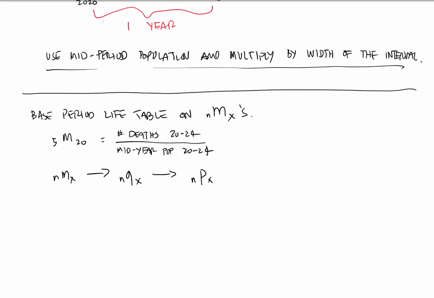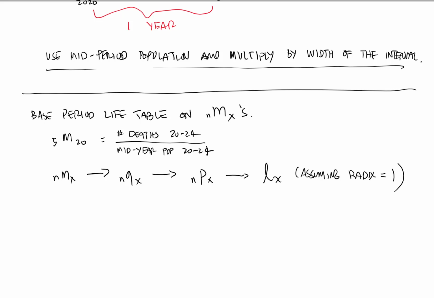And once we have the probabilities of surviving, we can use the nPx's to get the lx's, assuming a radix equal to 1.